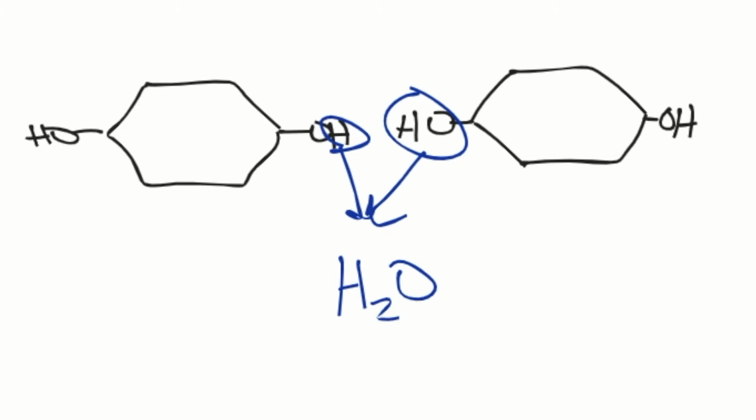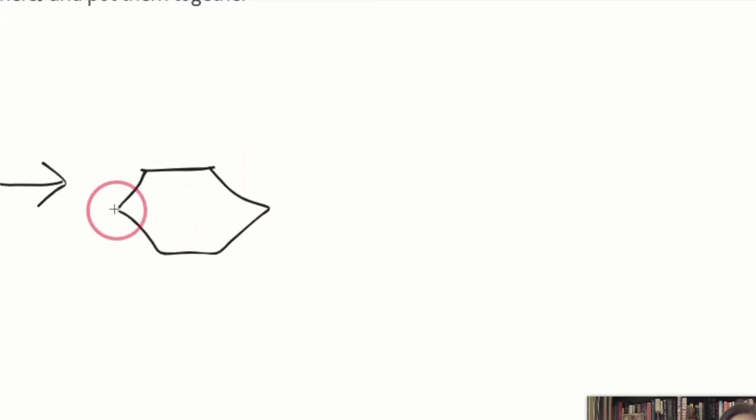When the water is removed, then this oxygen will bind to this carbon right here, to this carbon ring. Okay, and so then what we get is this chemical reaction will result in a carbon ring with a hydroxyl group. And then this carbon is attached to the oxygen, which is then attached to the next carbon ring.